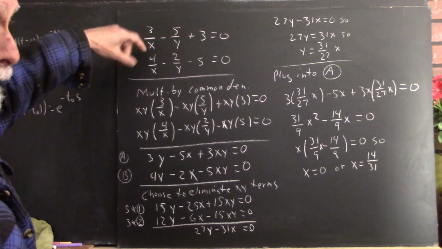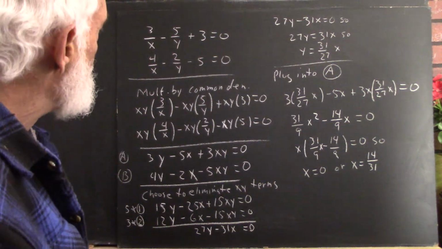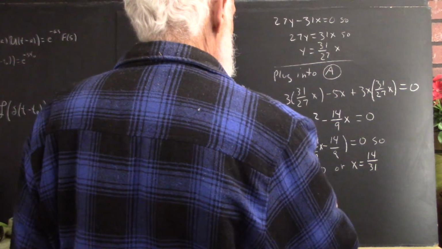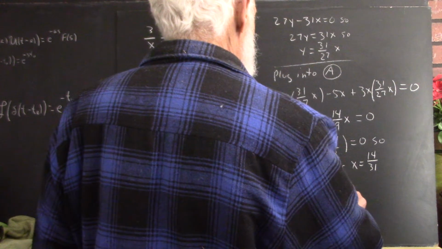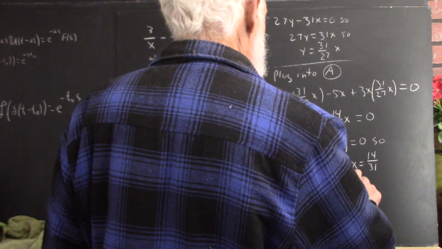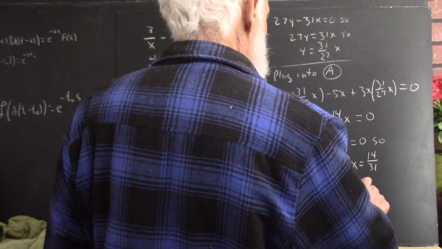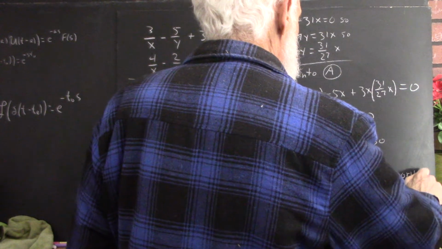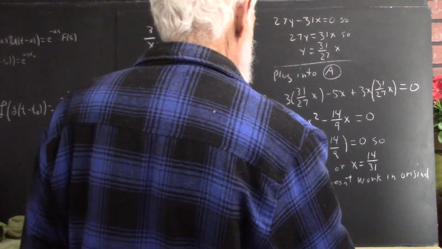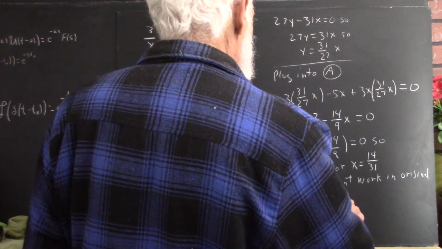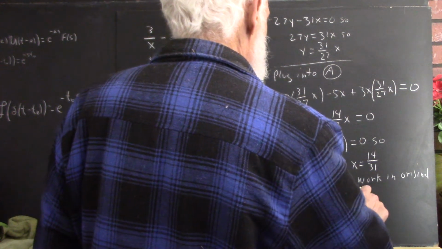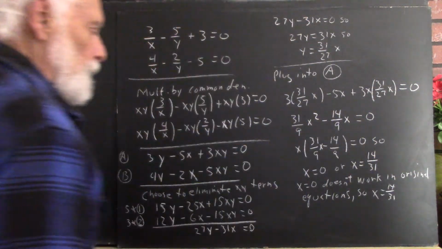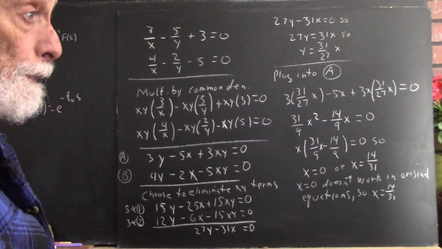You can't divide by 0. So x equals 14 over 31 is the only solution.